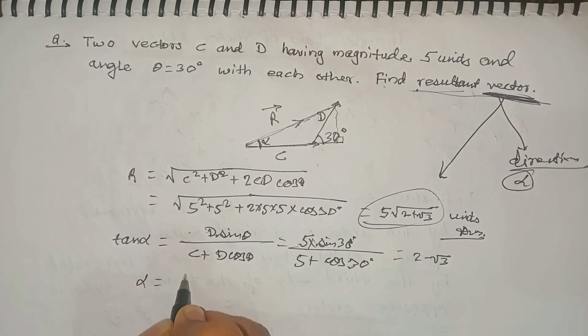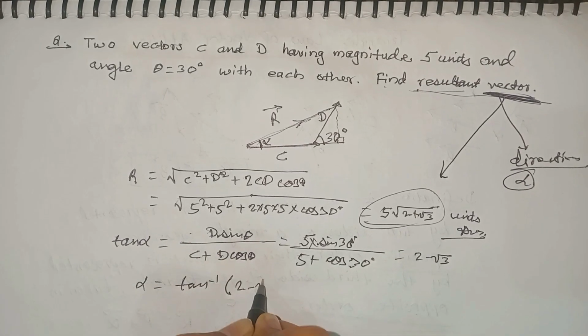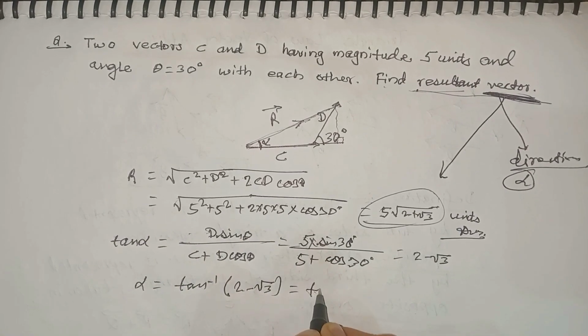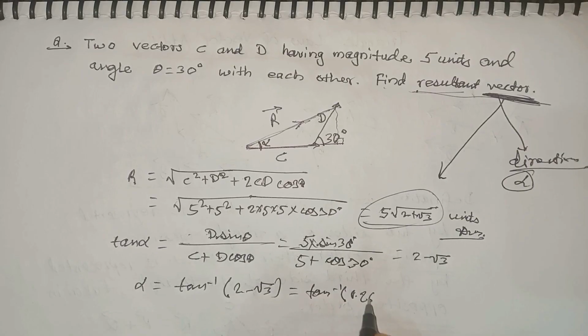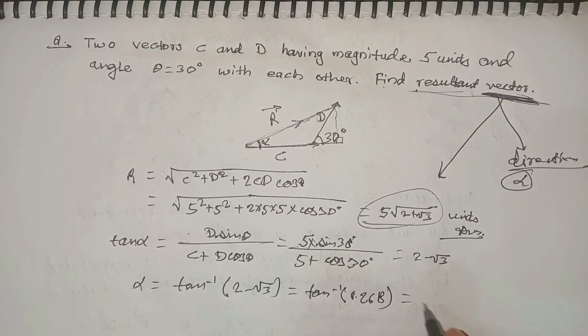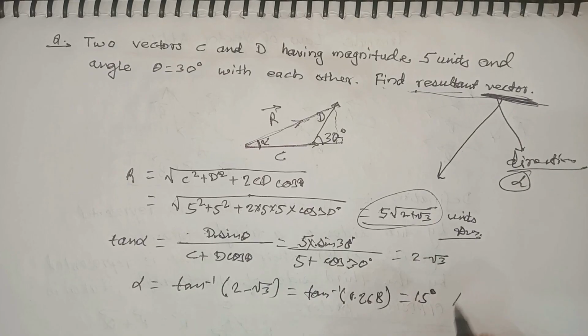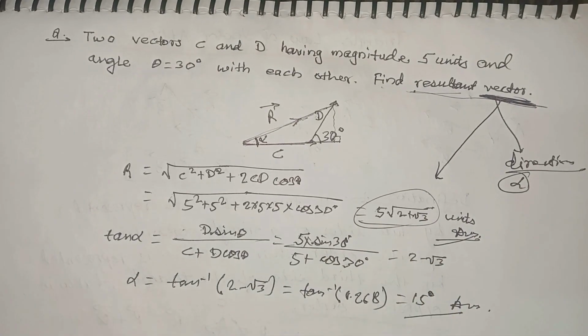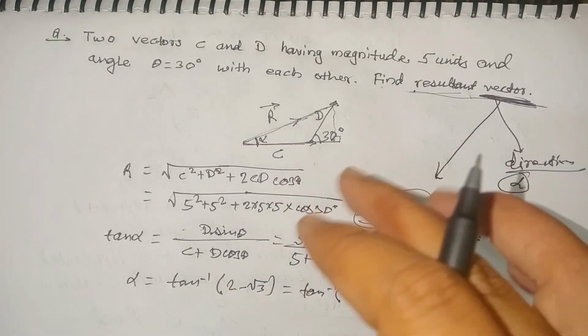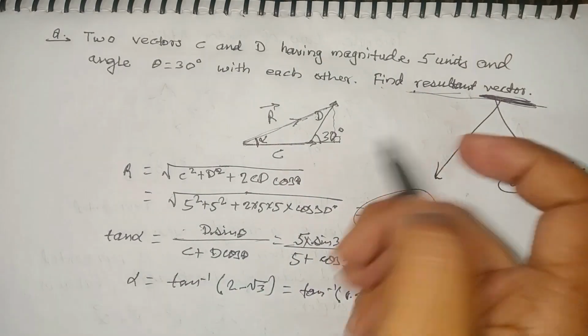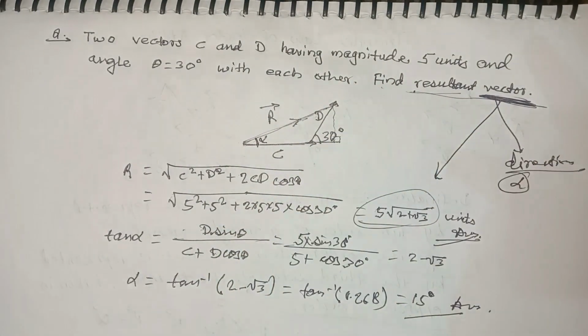So alpha will be tan inverse of 2 minus root 3, equals tan inverse of 0.268. Looking at the table or a scientific calculator, we get 15 degrees. So there are two ways: directly putting in the formula, and applying the Pythagoras theorem.